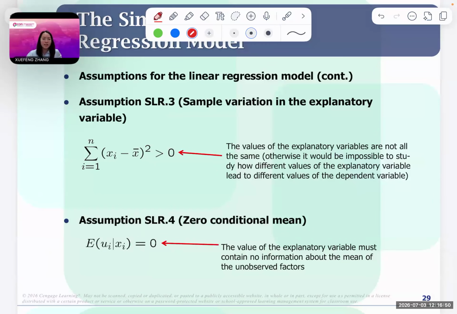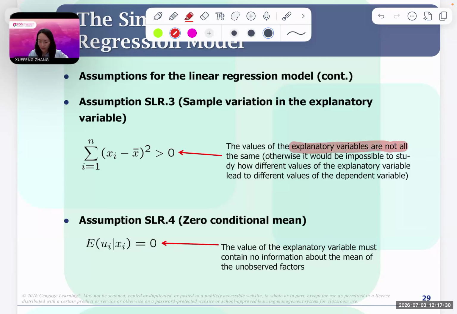Let's continue the assumptions. The next assumption is sample variation in the explanatory variables. What does it mean? It means that the values of the explanatory variables are not all the same. Otherwise, it would be impossible to study how different values of the explanatory variables lead to different values of the dependent variable, okay? So be careful here. That means we need x to be as different as possible, okay?